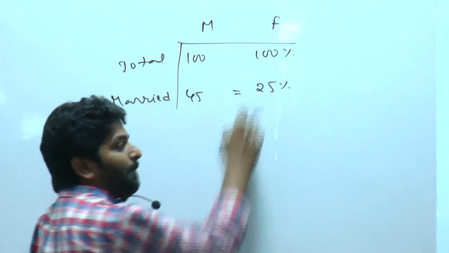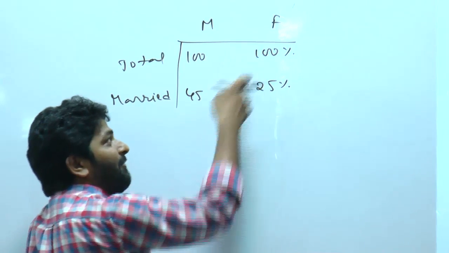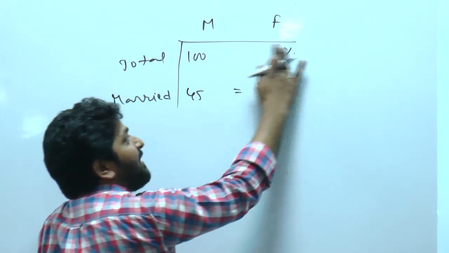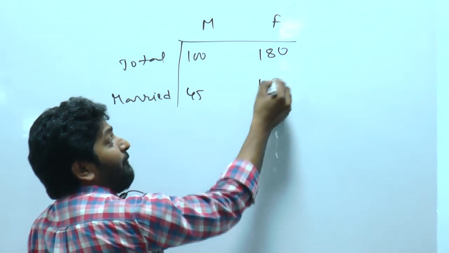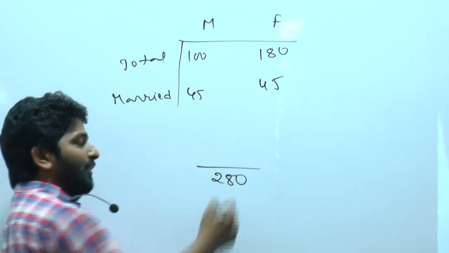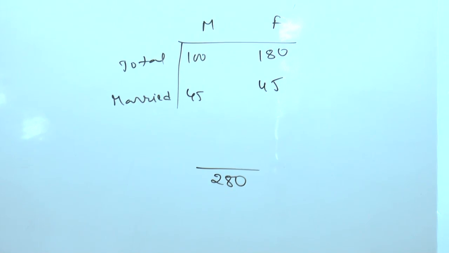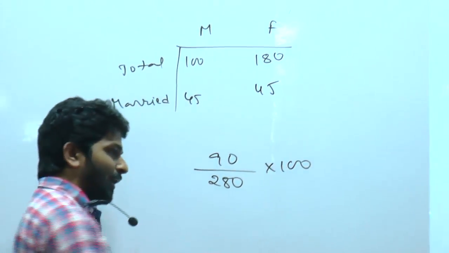So then what about 100%? 180, double. 25% of female is 45, 100% is 180. Out of 180, 25% is 45. What is the total population? 280. What is your question? Married people. How many married people do we have? 90. Percentage into 100.